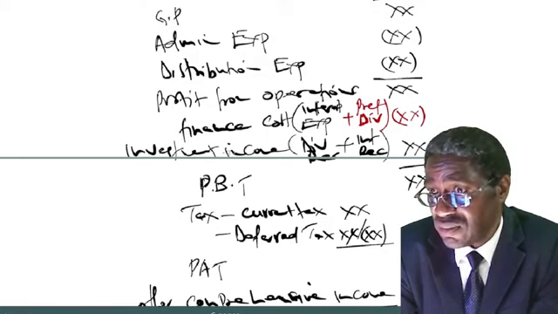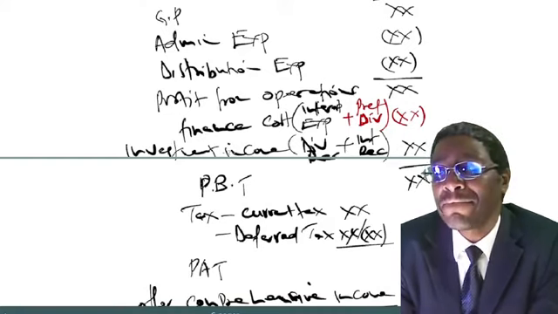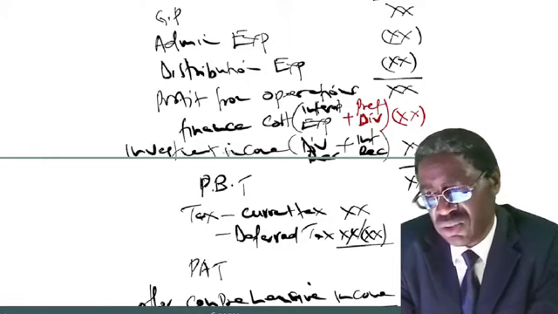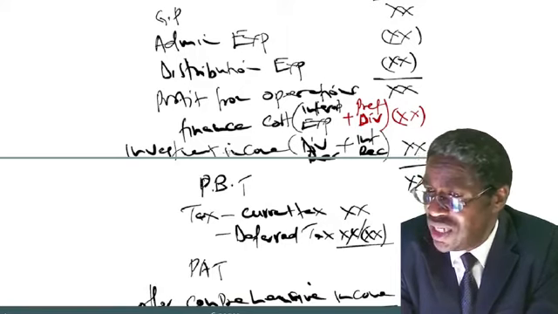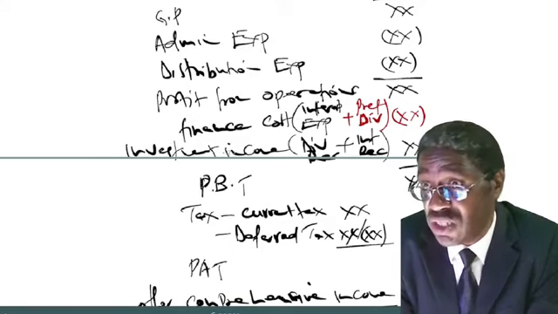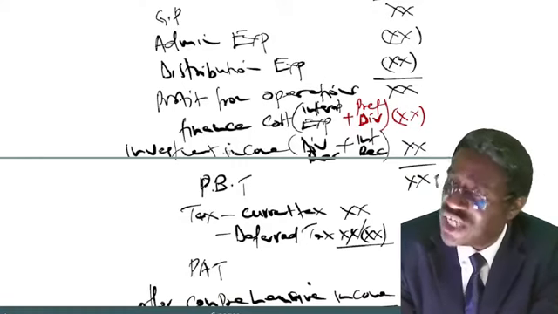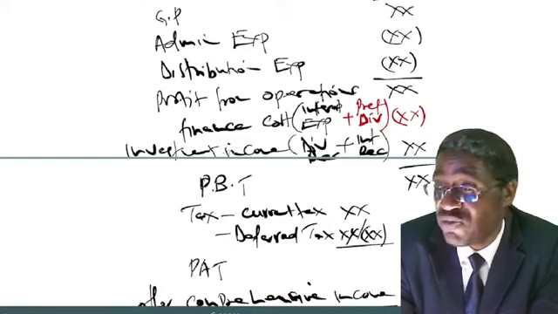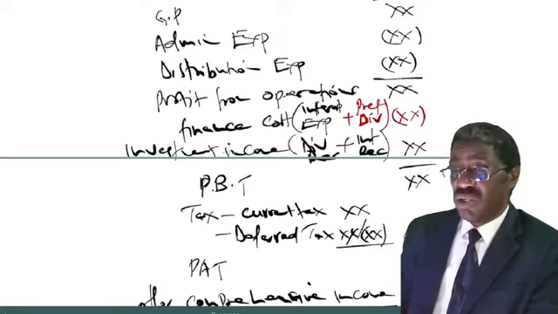Now listen. Whenever the examiner gives you a question of published accounts, once you find from the trial balance there are some preference shares, it is your responsibility to find out which kind of preference shares we are dealing with. Are we dealing with redeemable preference shares, or non-redeemable preference shares?